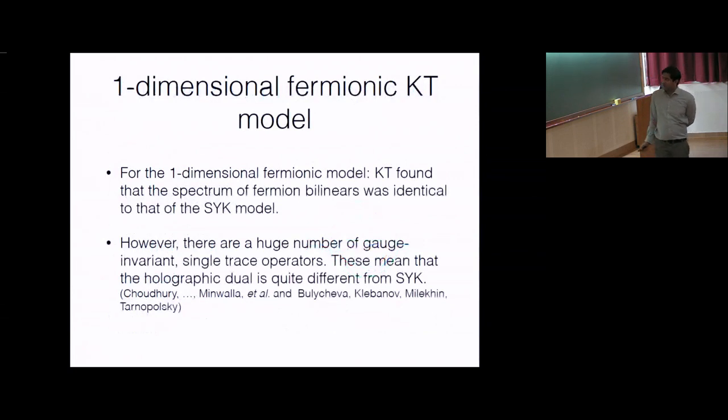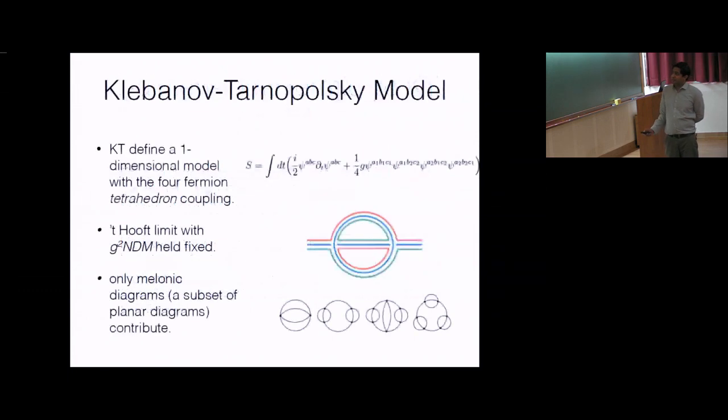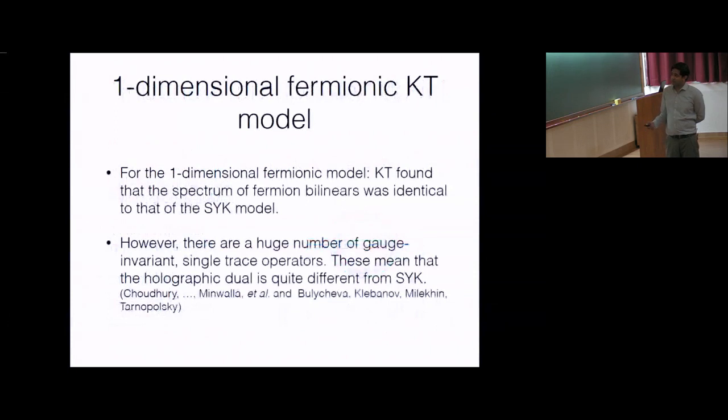Okay, so Klebanov and Tarnopolsky solved this model, and they found the fermion scaling dimension, and the spectrum of fermion bilinears was identical to that of the SYK model. Of course, as mentioned earlier, because of these three indices, you can find a huge number of gauge invariant single trace operators.